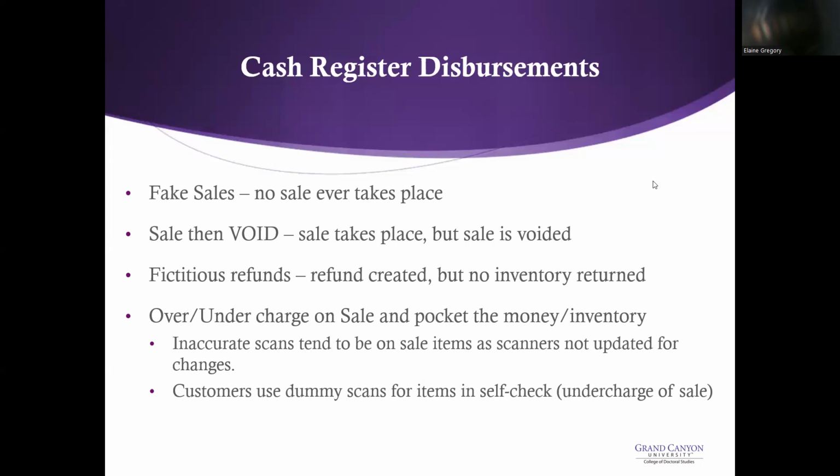Fictitious refunds: a refund was created, but no inventory was returned. That's why you have observers in places like Costco that have a large number of returns, to make sure that there is something being returned for the person getting the sales cash back.